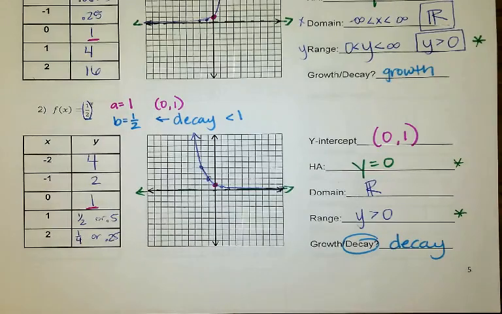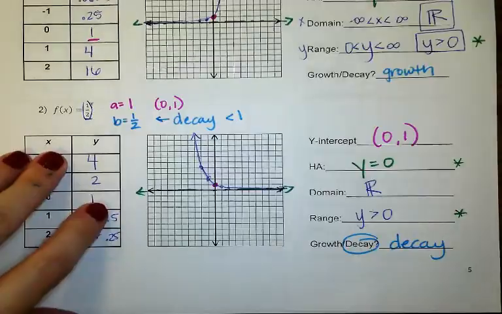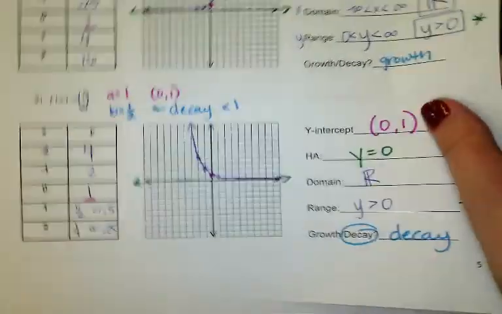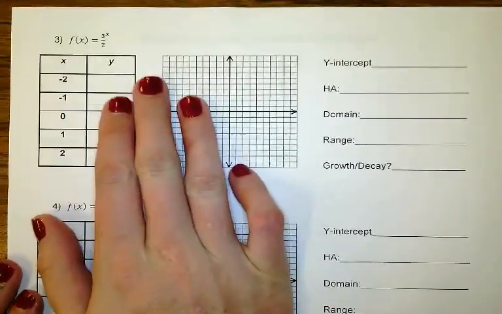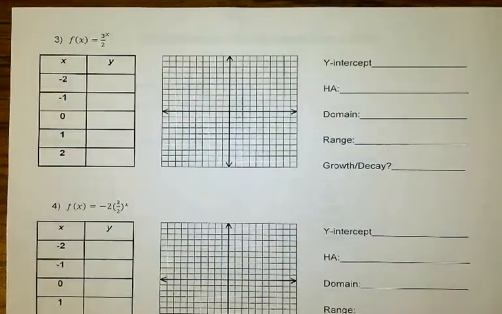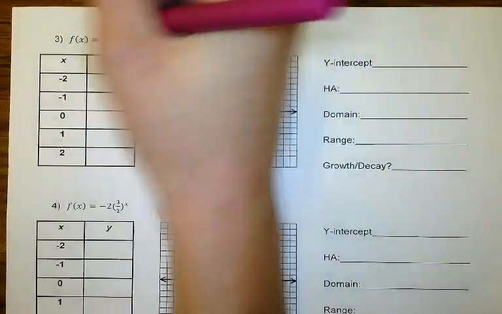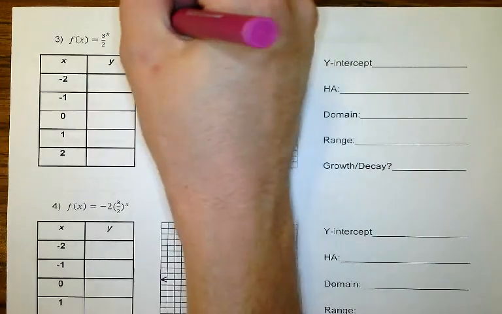Okay. Let's look at our next couple graphs here, okay? Now, I'm actually not going to do this one fully with you guys. I'm just going to look. I want you guys to recognize something. Again, it's a lot of repetition here. My a value is 1, which means that my y-intercept is (0, 1). Okay?